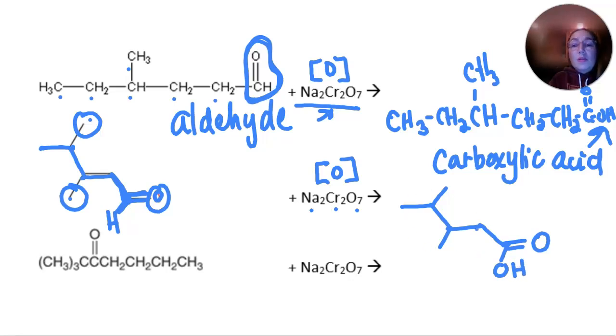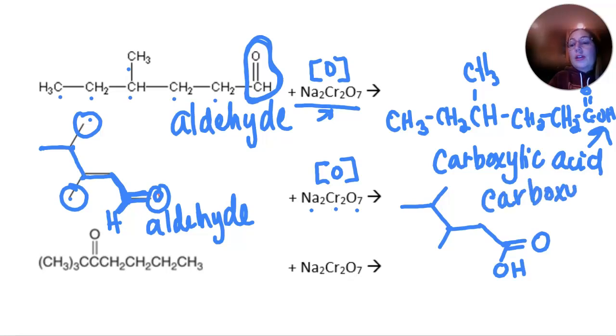So we copy the whole molecule, copy all the carbons and hydrogens that we've got, and then we take our C double bond O with an H and change it to C double bond O, OH. We change our aldehyde again to a carboxylic acid, and we make sure that we don't change anything else about it. We're copying the rest.